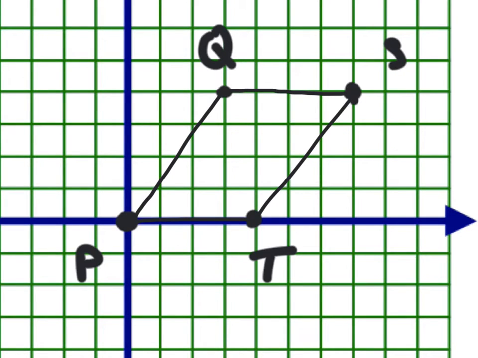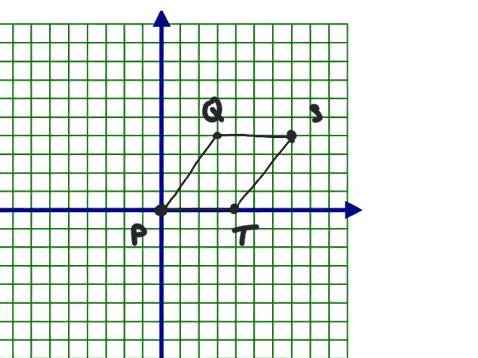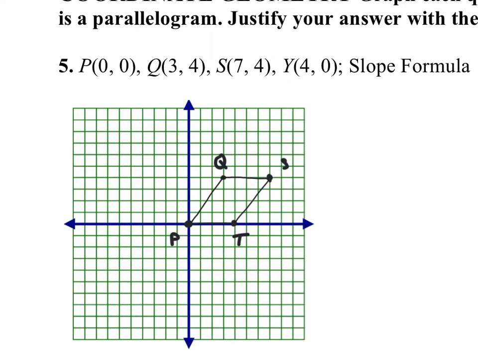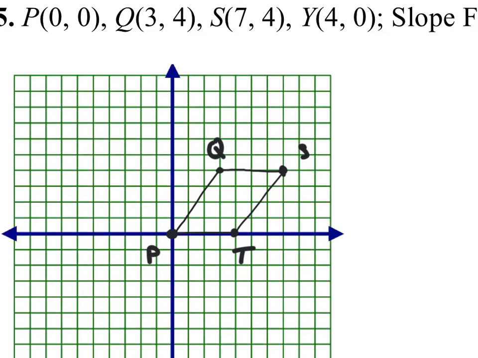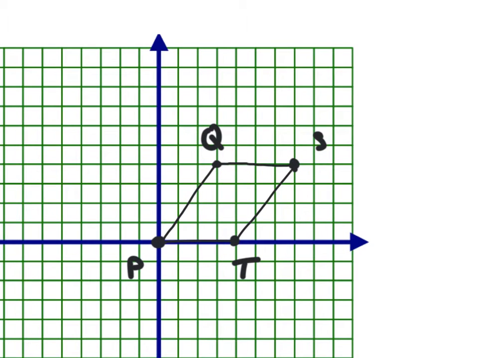So what I want to do is use the slope formula to determine whether or not this is a parallelogram. I'm going to find the slope of PQ and see if that's the same slope as TS. I'm also going to use the slope of QS and the slope of PT.